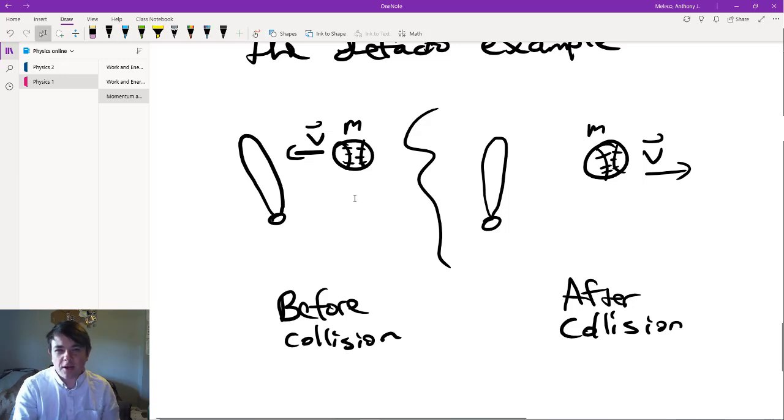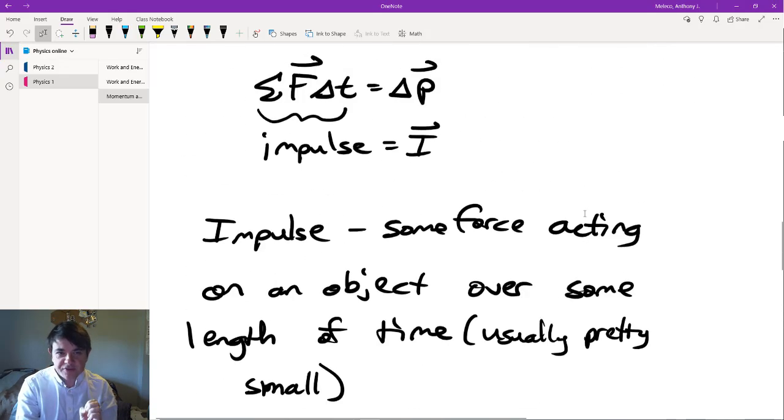Because most of the time, we're going to look at the motion of the ball beforehand and the motion of the ball afterwards. That's what's most important. And we can use momentum and impulse to do that.